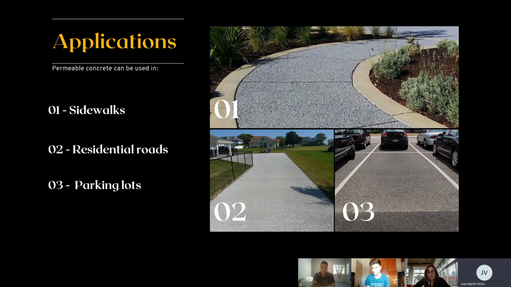In general, permeable concrete is composed of 4 layers. First of all, there is the compacted soil that supports the different surface loads. In the second layer, geotextile is placed to contain the upper layer and allow the water filtration.